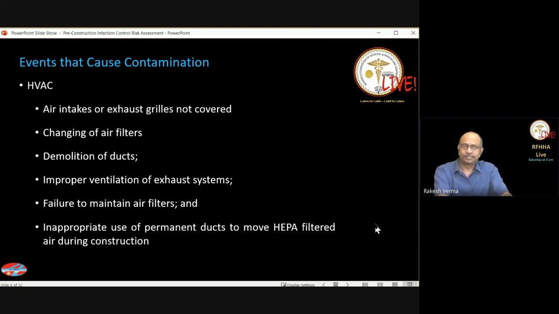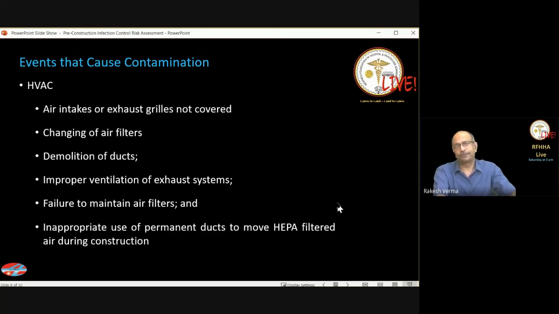Demolition of ducts, when we are extending the HVAC system or when we are maintaining the air conditioning system, is where this happens. Improper ventilation of exhaust systems, failure to maintain air filters, inappropriate use of permanent ducts to move HVAC filtered air during construction.